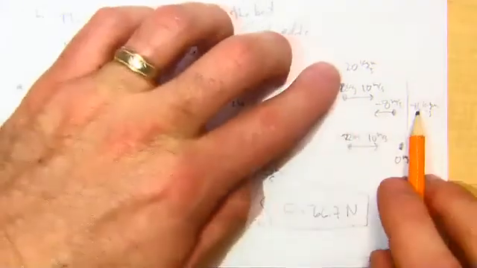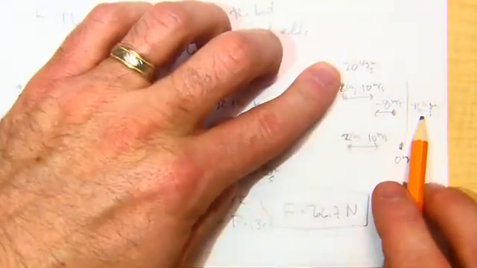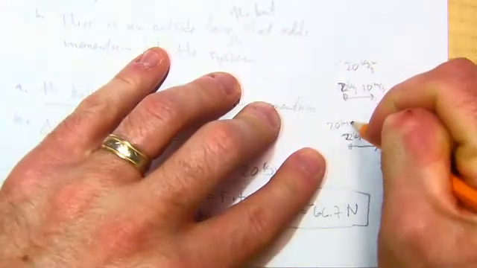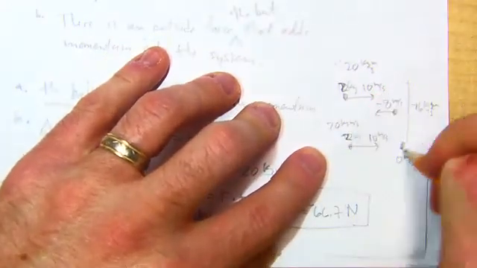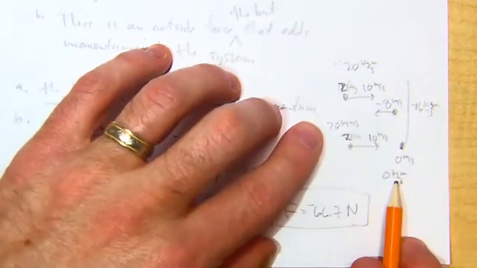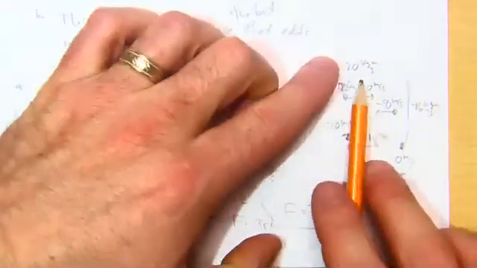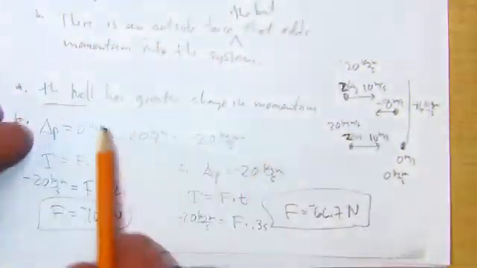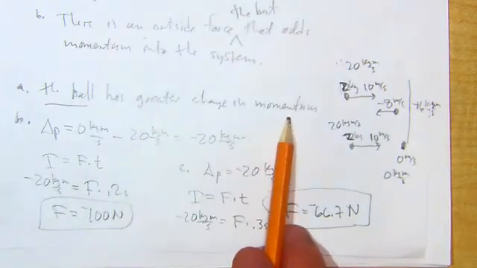Okay, so the change from 20 to -16 is like -36, right? This one's going from 20 kilogram meter per second down to 0 for the momentum. So from 20 to 0, that's a change of -20. So the change here went down 36. This one went down only 20. So that's why I say the ball had a greater change in momentum.